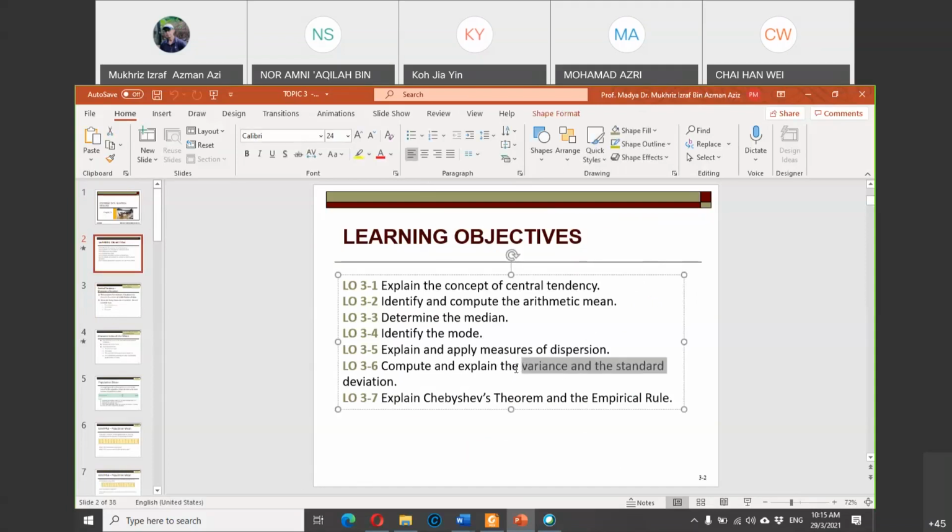So this is what I mentioned just now. And lastly, these two theorems, Chebyshev's theorem and also the empirical rule.